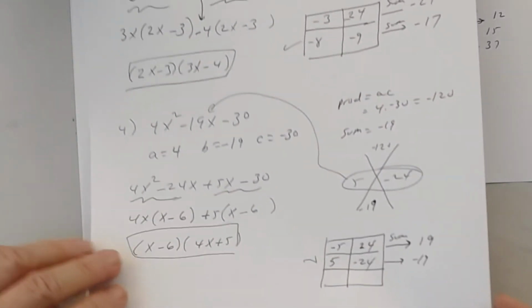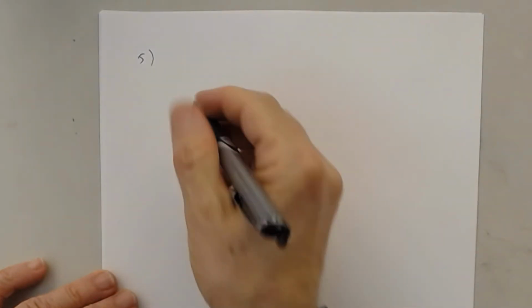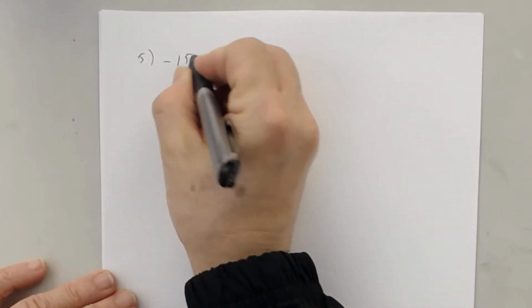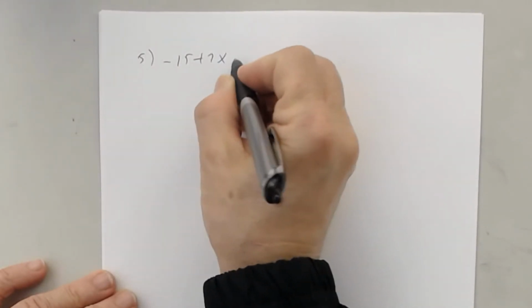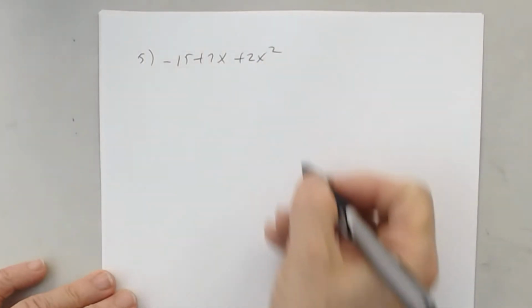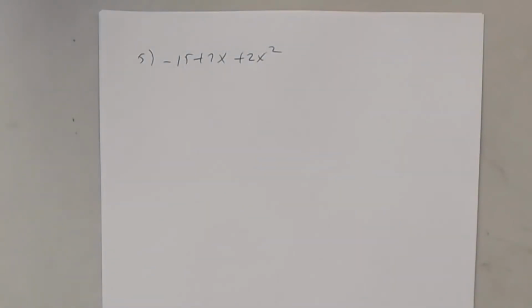All right, let's look at number 5. Suppose we had negative 15 plus 7x plus 2x squared. Again, the direction says AC method, so you got to use the AC method.